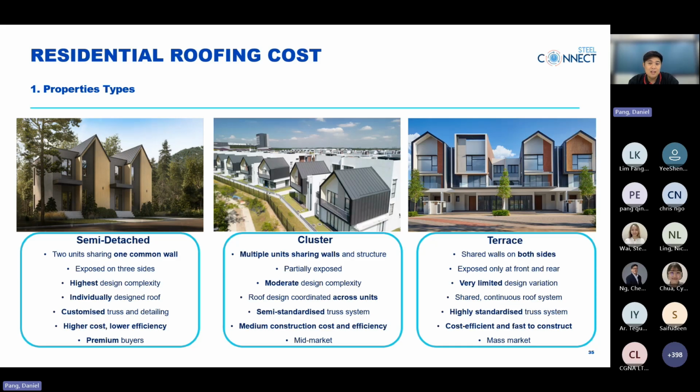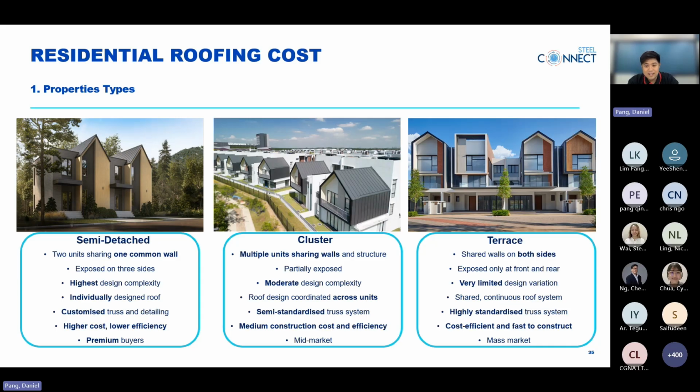And lastly, the terrace house. Terrace houses are built in a continuous row, sharing walls on both sides, so they are only exposed at the front and rear. Because of this, it severely limits roof design variation, because consistency across the entire row is required.